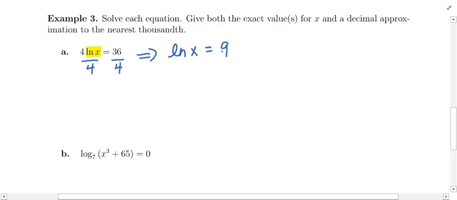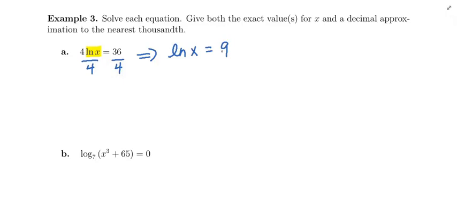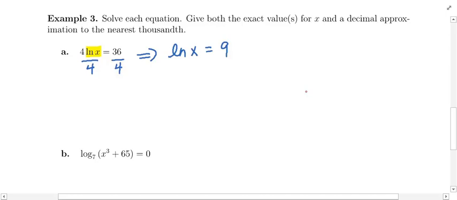So now we have an equation that fits the bill. We have one single logarithm is equal to a number. At this point, we're going to get rid of the logarithm by applying the arrow definition of a logarithm. We know this is natural log, so the base is e, and if we do the arrow thing, we know that e to this power is equal to this.